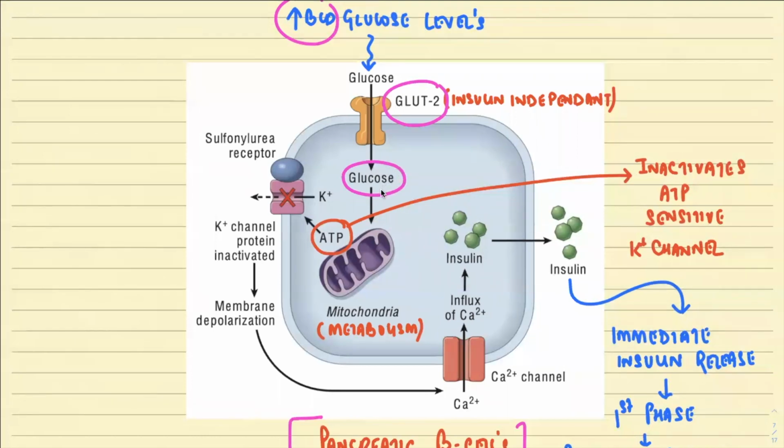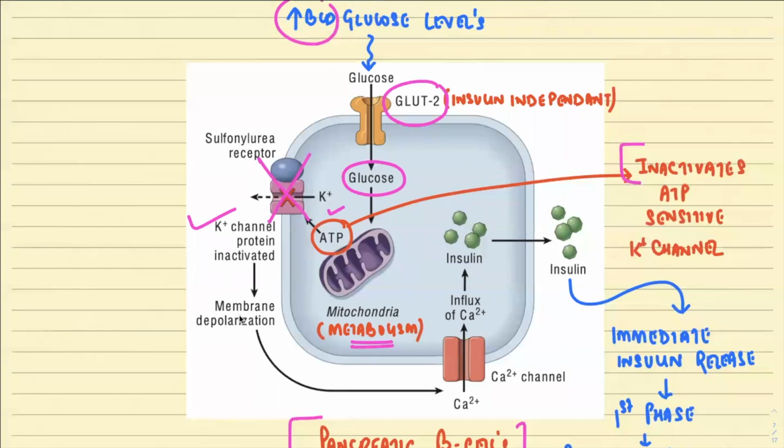Inside the cell, it will undergo metabolism inside the mitochondria, and via oxidative phosphorylation, ATP will be generated. Once this ATP is generated, it is going to inactivate the ATP sensitive potassium channel.